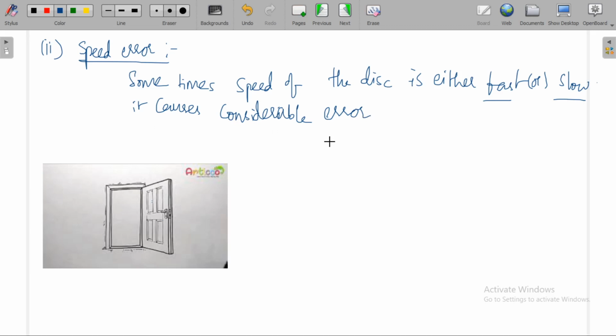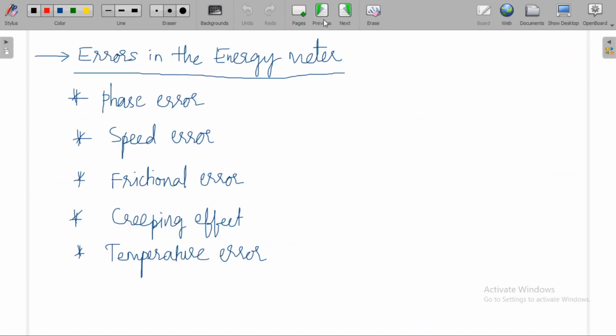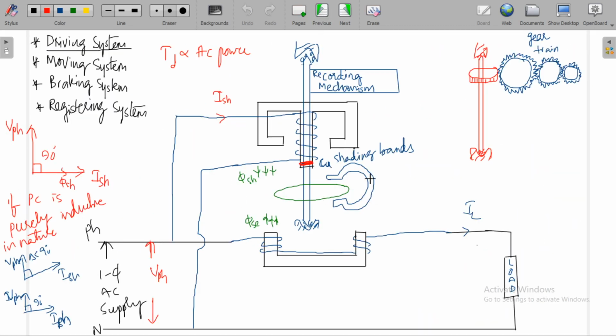In order to compensate this error, coming to the adjustment: to control the speed of the disk, we use a braking magnet. By changing the position of this braking magnet, the speed of the disk gets controlled.